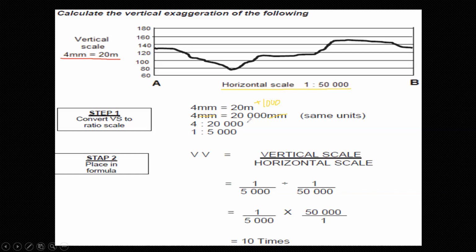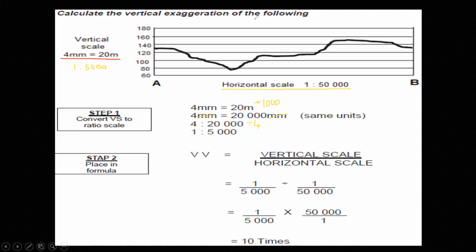So 20,000 divided by 4 will give you the answer of 1 is to 5,000. So our new scale for our vertical scale will be 1 is to 5,000. Now we have a ratio scale on both sides.